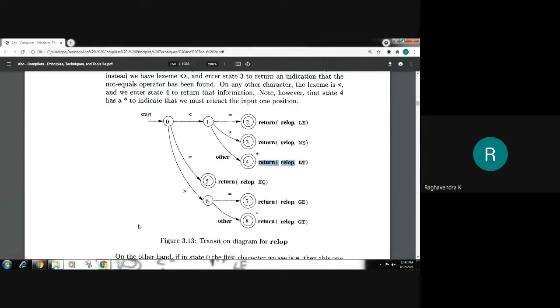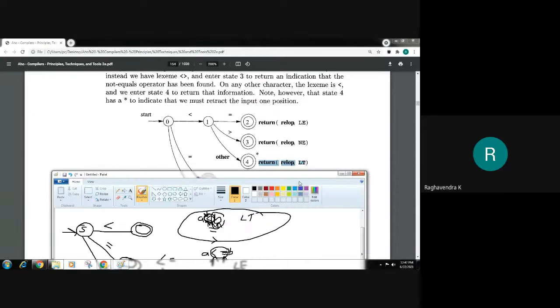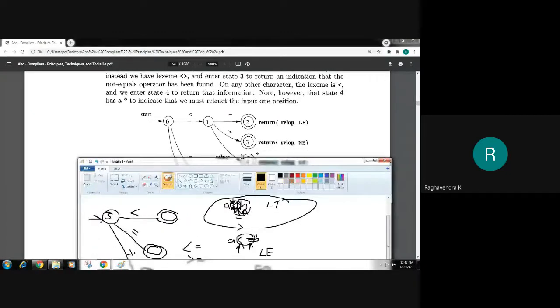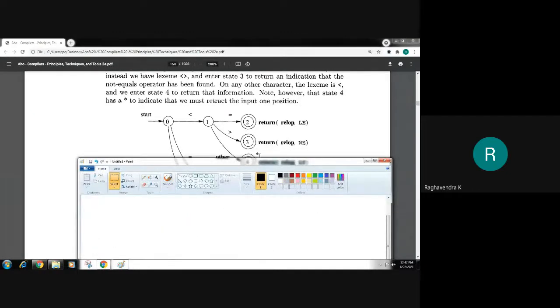Now there are other possibilities. If it is not just less than, it can be less than or equal to. That means after this symbol, if I see this one, then I have to return less than or equal to. As you can observe, from state number 1, I have already seen the less than symbol.